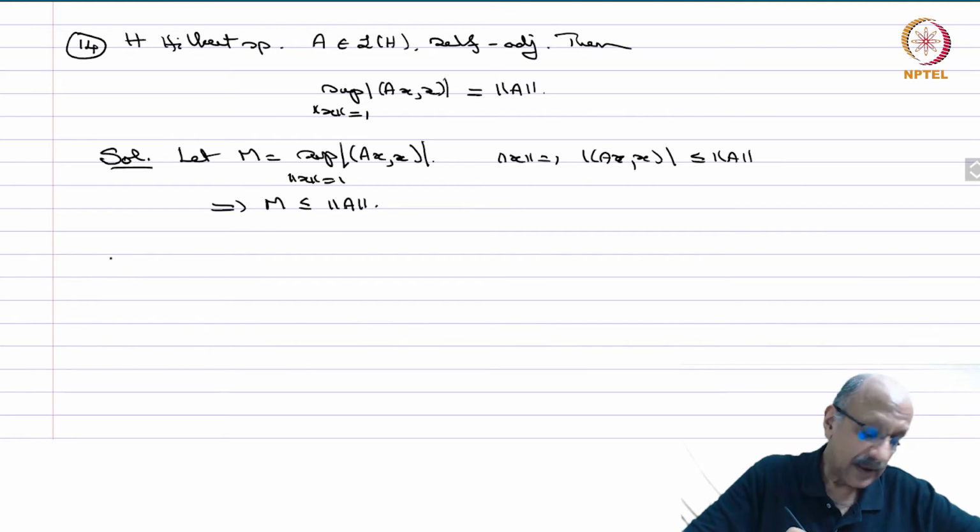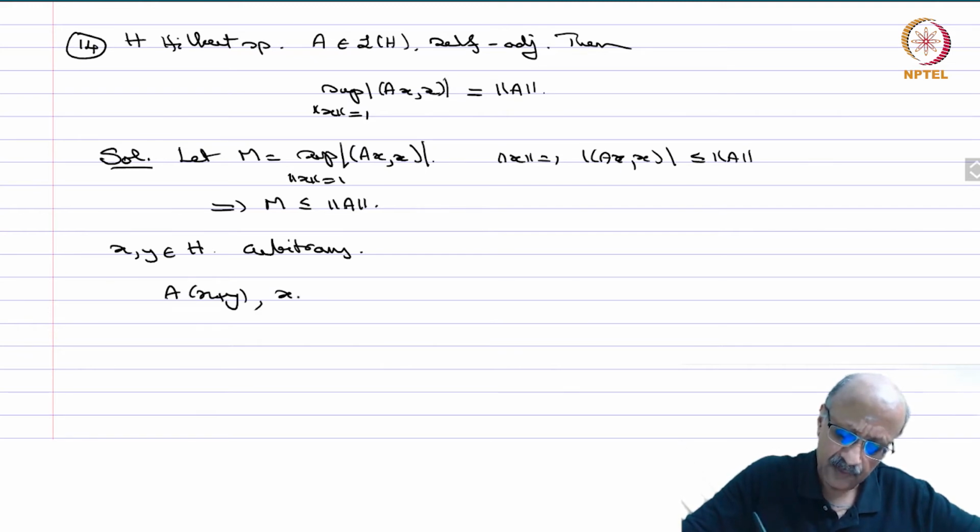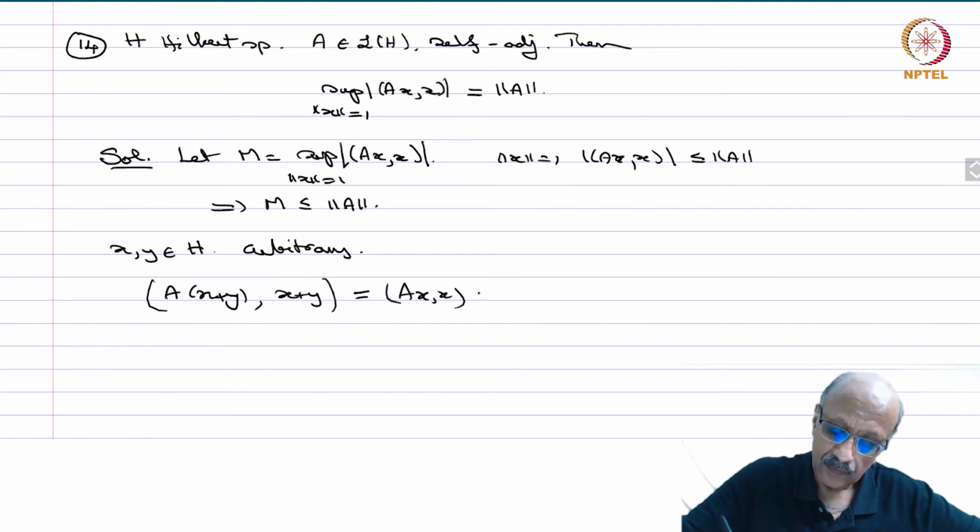Now let x, y in H be arbitrary. So let us compute A(x+y, x+y), which equals A(x,x) plus A(x,y) plus A(y,x) plus A(y,y).